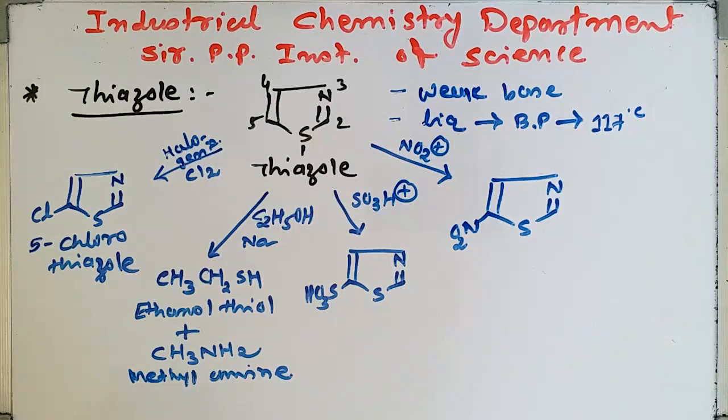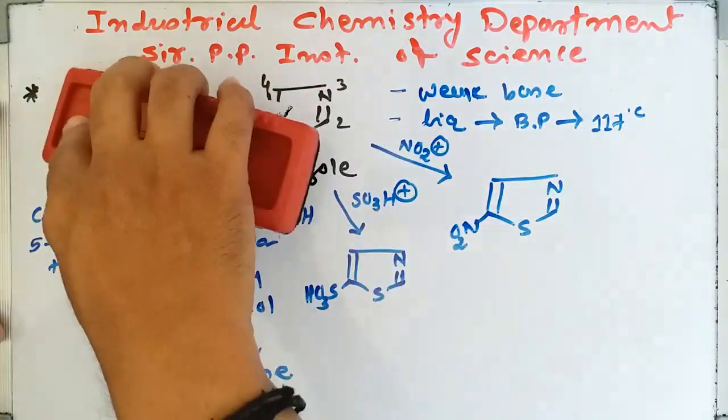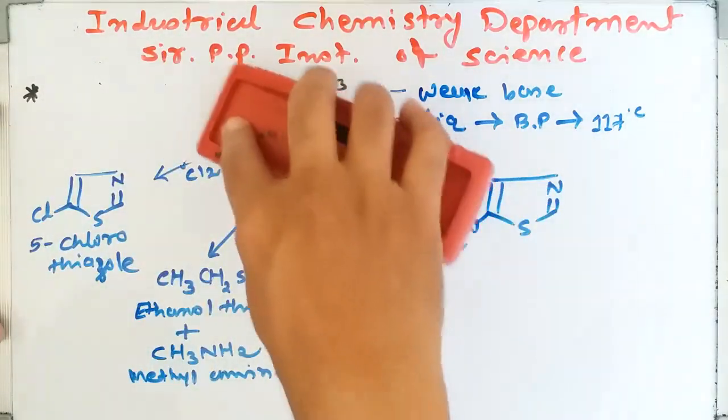These are 5-member fused heterocyclic compounds. So we continue with our next compound, indole.